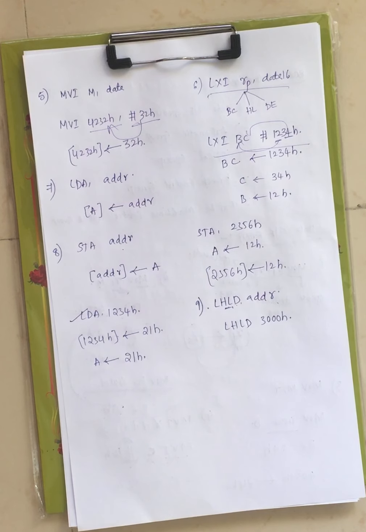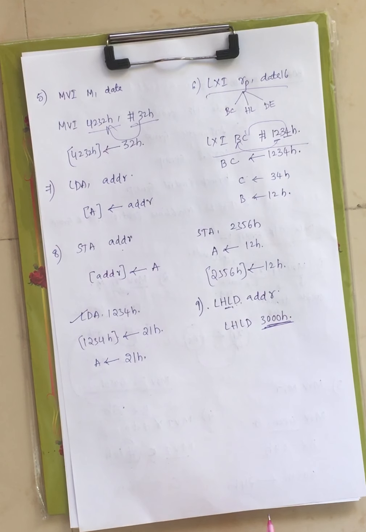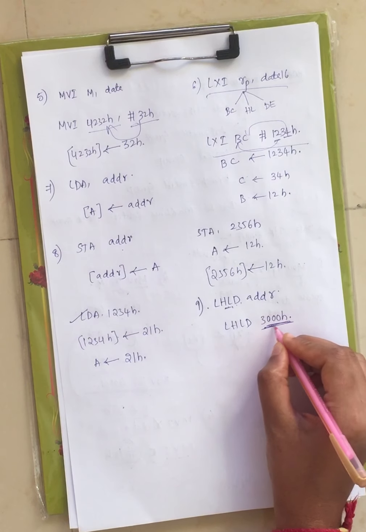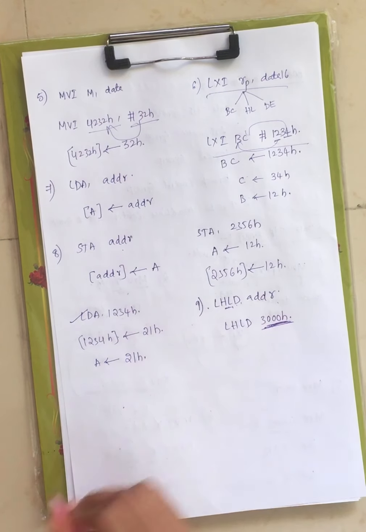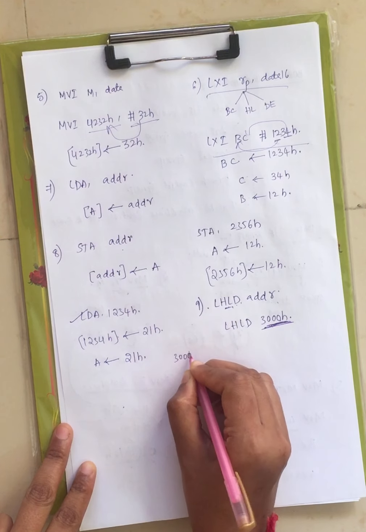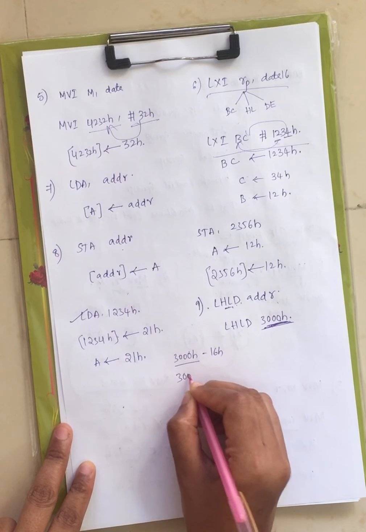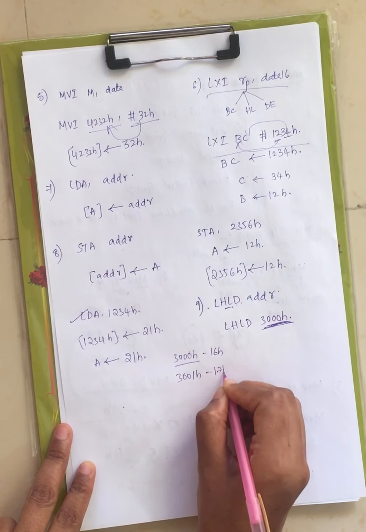Now this memory location will store some data. Let us assume under 3000H we are storing data 16H, and under 3001H we are storing data 17H.